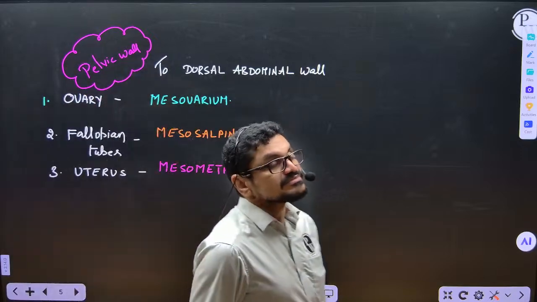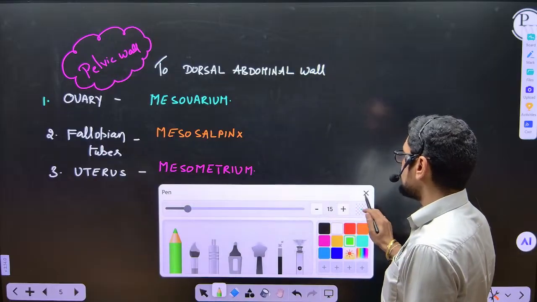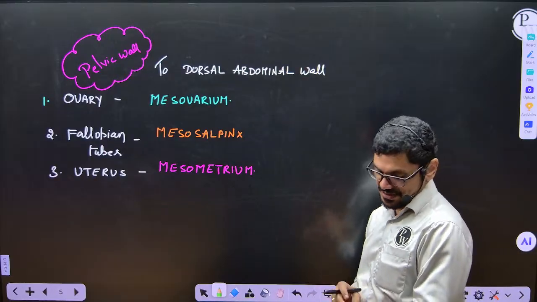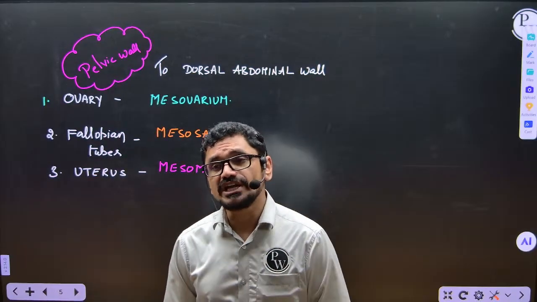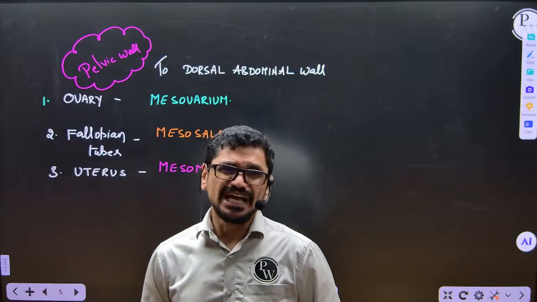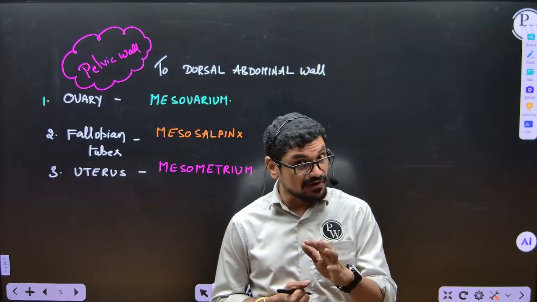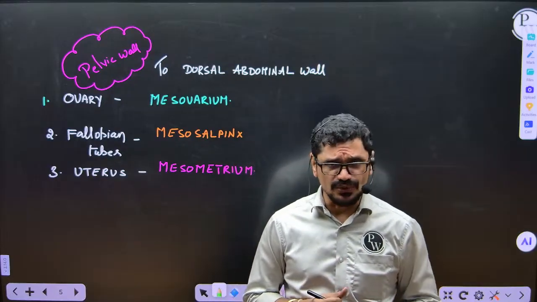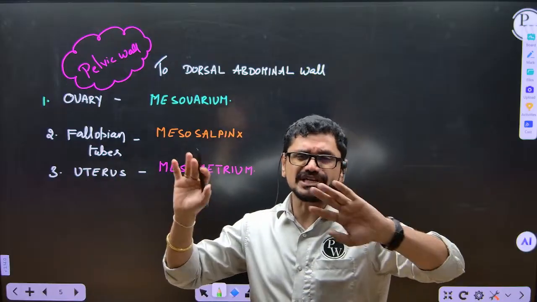Understand the point? Now, if there is some problem in the ovary and treatment is not possible, we have to remove the ovary. Similarly, if there is some problem or cancerous condition in the fallopian tube, we have to remove the fallopian tube. If there is any cancer or some unavoidable condition, we have to remove the uterus also. Sometimes we have to remove the ovaries, fallopian tubes, and uterus, everything.